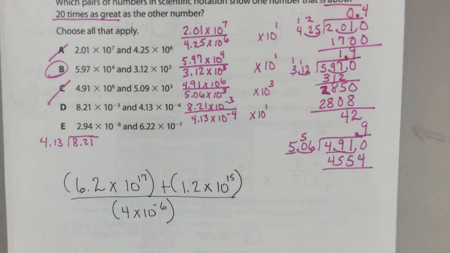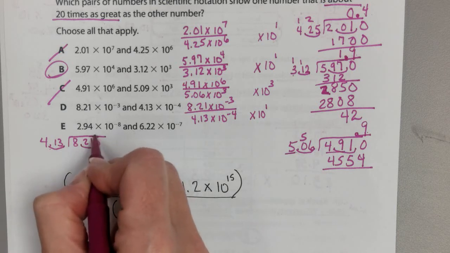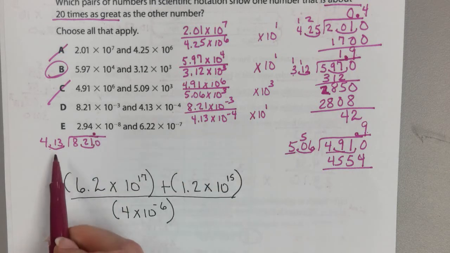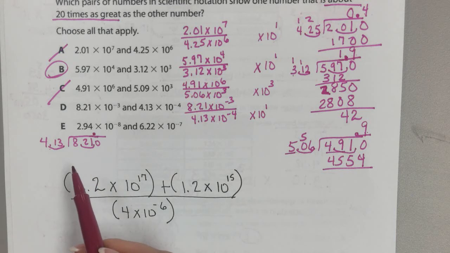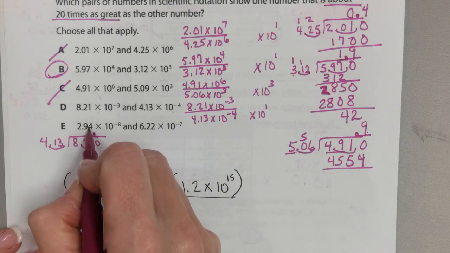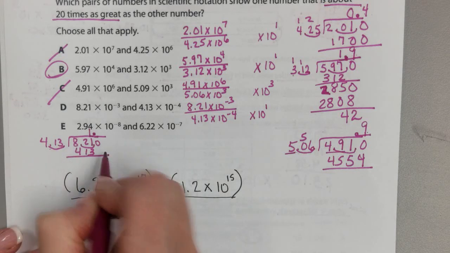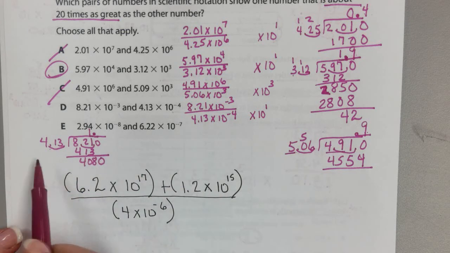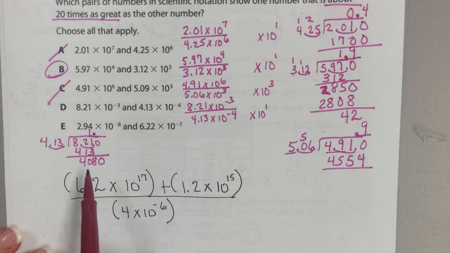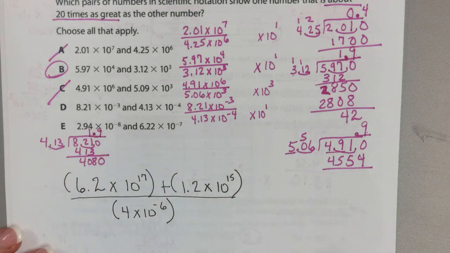And like Vinny said, 4 is going to go into 8, so this should be a good thing. All right, so now does 413 go into 821? Just once. Okay. So that gives us 408 when we subtract, and then 413 into 4,080 will go 9 times.